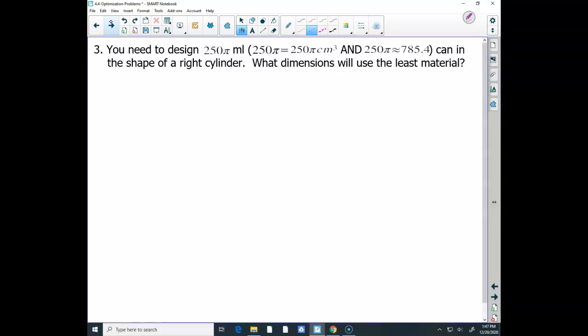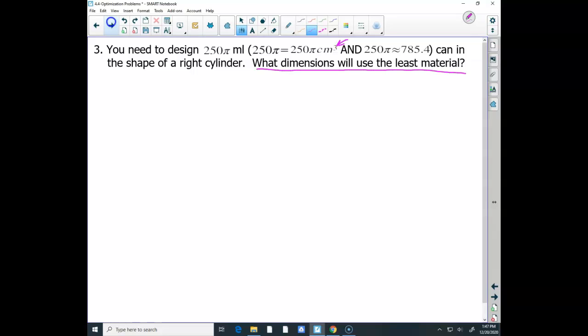The important part here is to see it's cubic, which means we're talking about volume. So you need to design a 250 pi cubic centimeter can, holding a volume in the shape of a right cylinder. What dimensions will you use? We'll use the least material. Ooh.